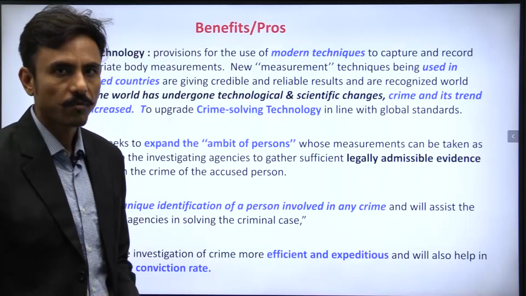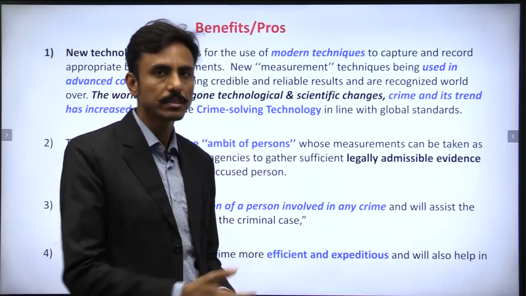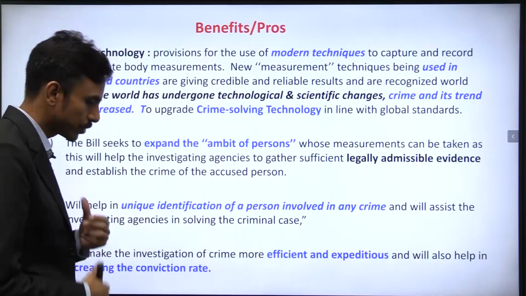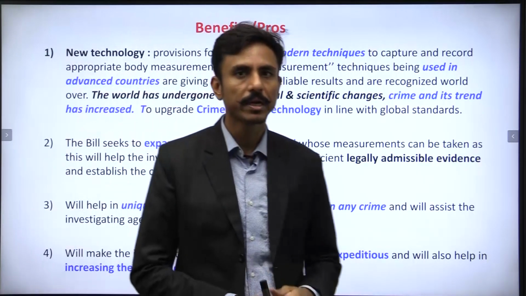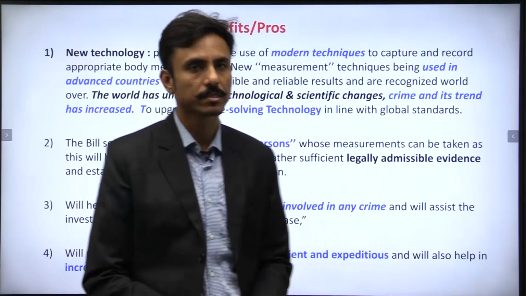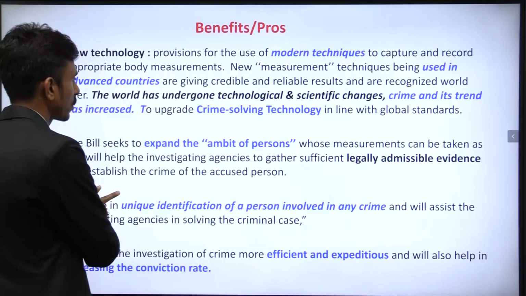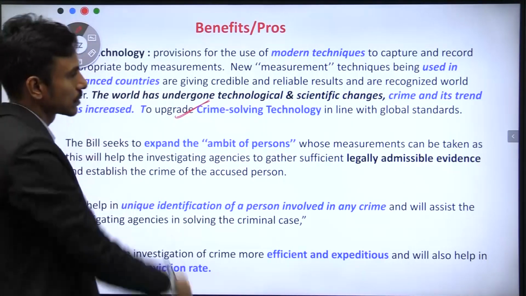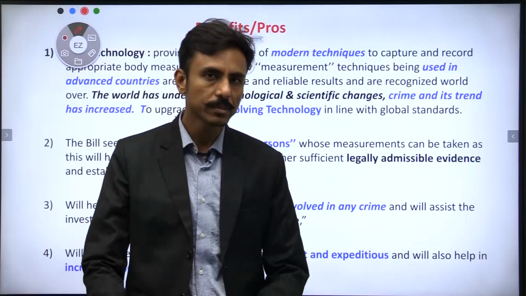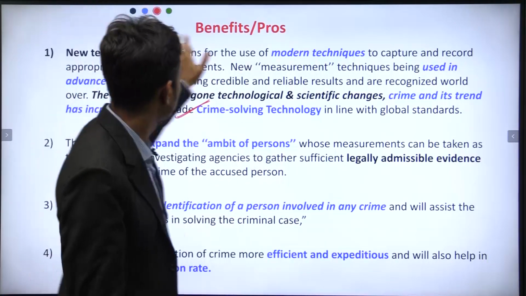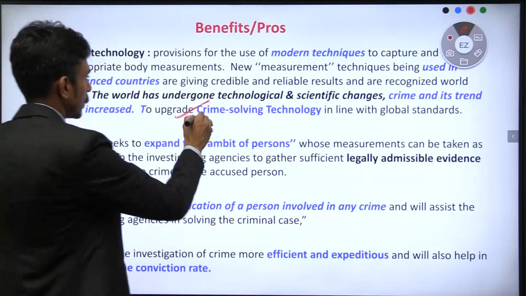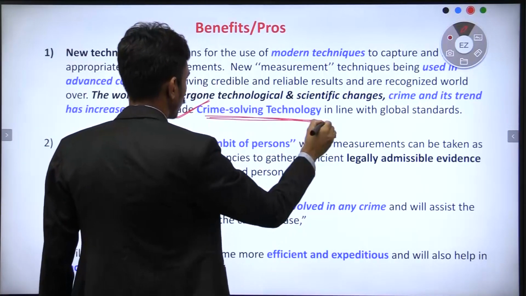And many advanced countries in the world are using these technologies to identify criminals. So in this way, it would help upgrade crime solving techniques. Very important for all the students who are writing the UPSC mains, this article would be very helpful for them also.